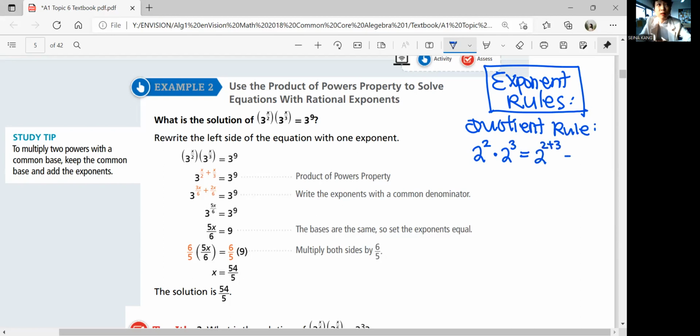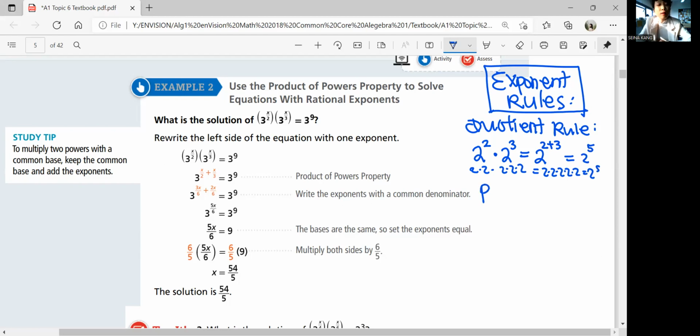You can add the powers because you're going to multiply the same number of times. 2 times 2 times 2 times 2 times 2 is equal to 2 to the 5th power, right? Yeah, that's the quotient rule, okay?